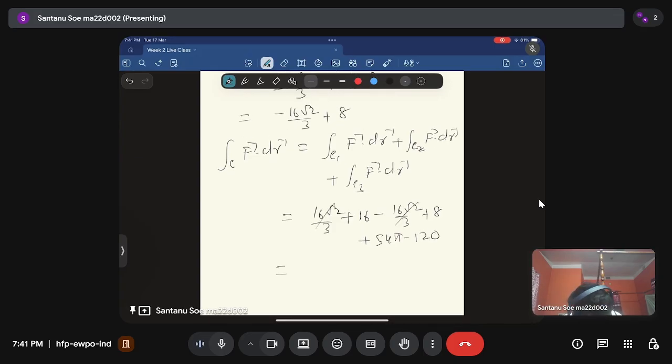And this is the same as 54 pi minus 96. Okay, so this is the value of the line integration.